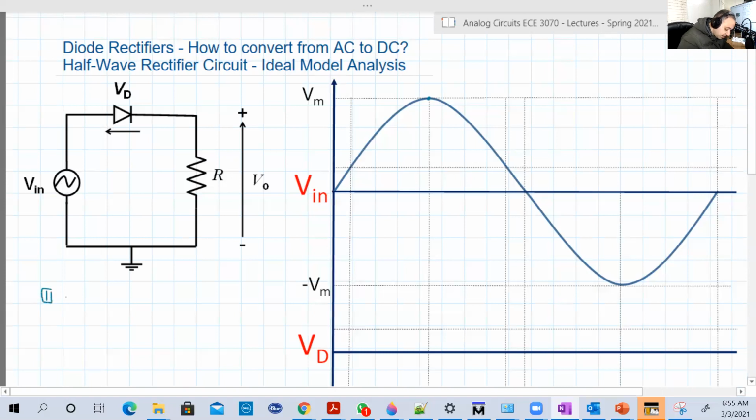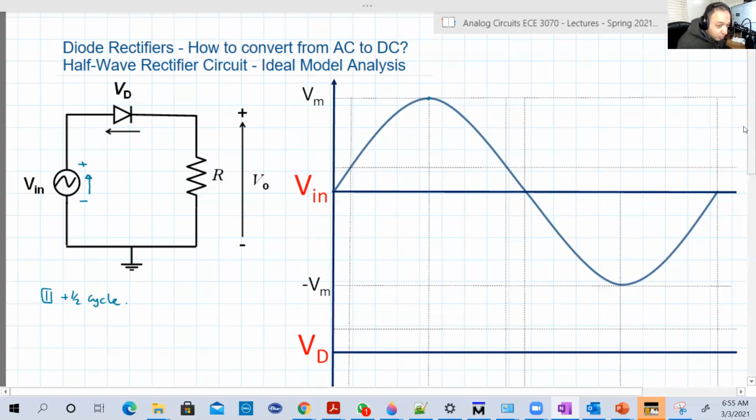Okay, so let's start here with the positive half cycle, or the first half cycle, in which the positive will be at that location and the negative will be at that location. And this is the direction of the input.